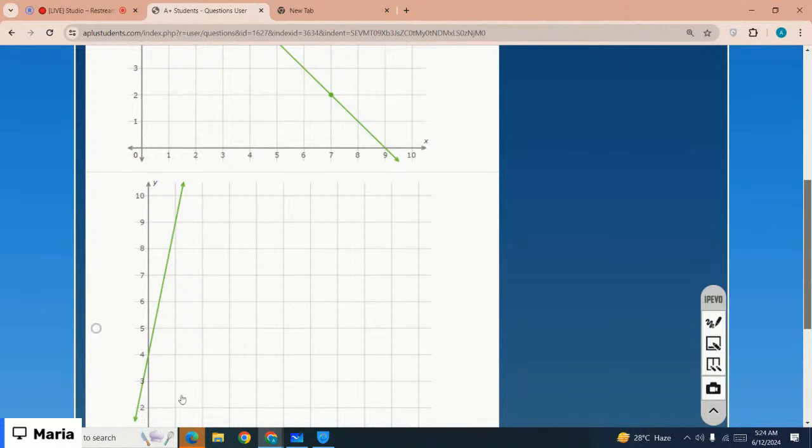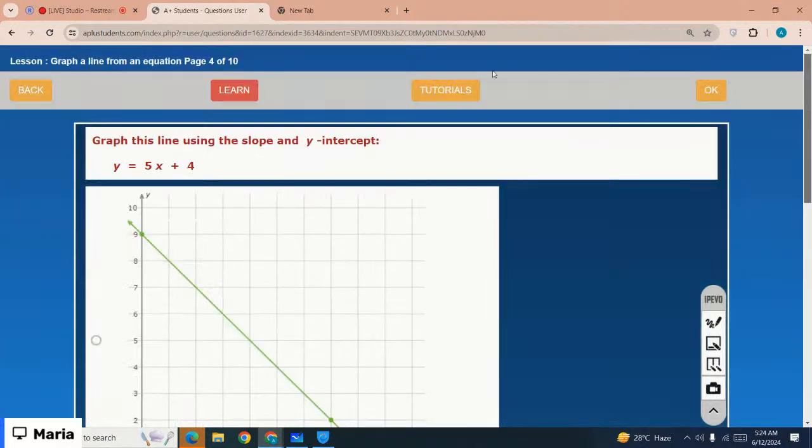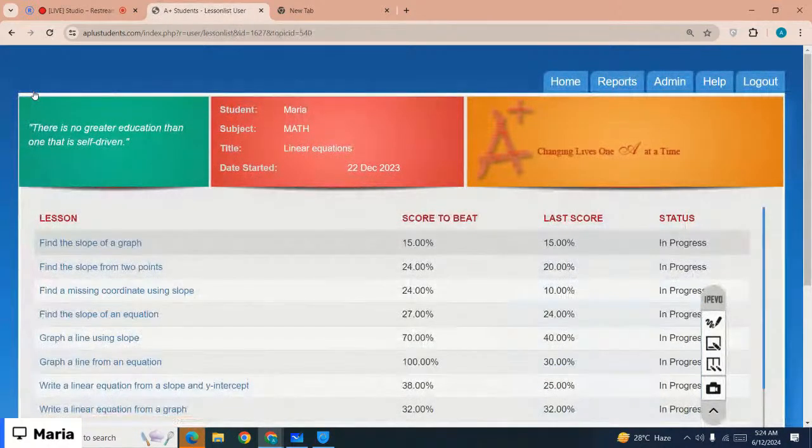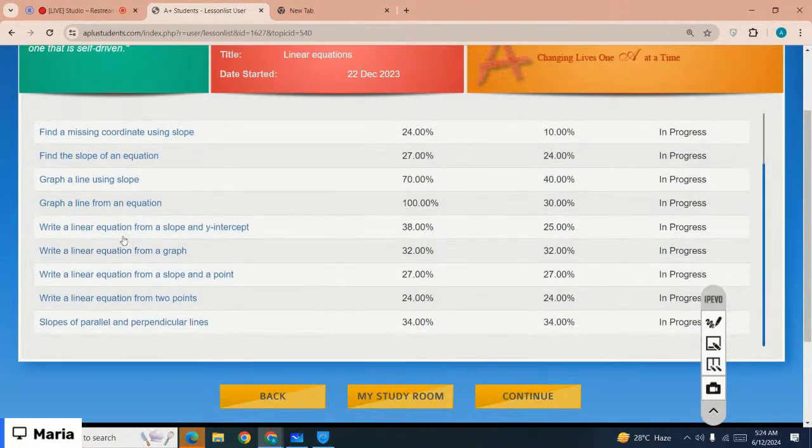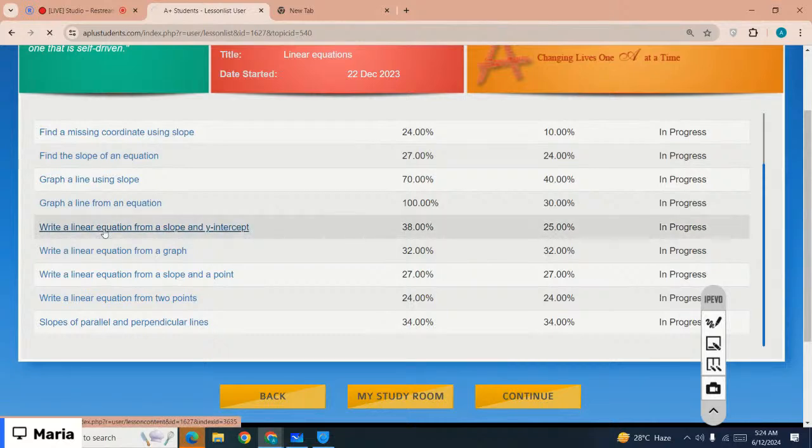Okay, you can complete the lesson by yourself later today. Let me just move on to the next lesson. And the next lesson is write a linear equation from slope and y-intercept.